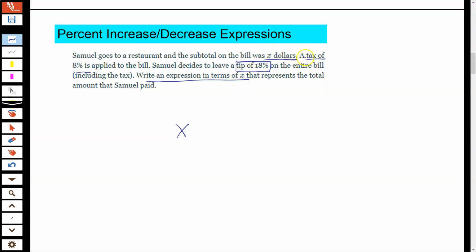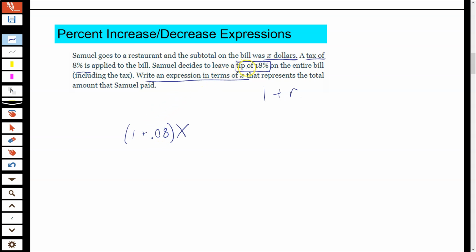Okay, so what we need to do is represent the tax and the tip, but the difference here is we don't know what the bill was. We're still going to use our shortcut of multiplying by 1 plus r. So in this case, for the tax, 1 plus, well, the tax is 8%, so 8% is 0.08.